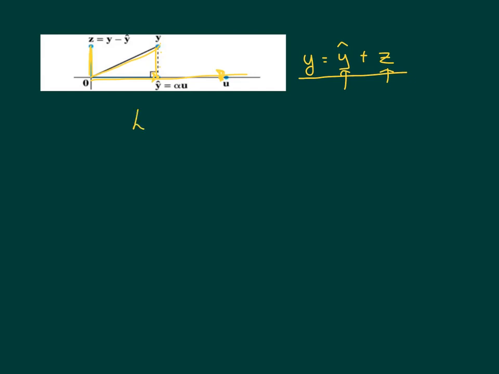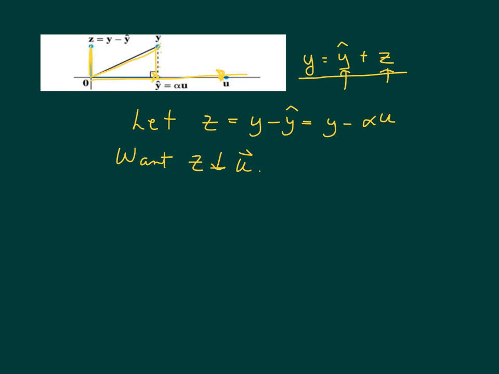So what we're going to do is let z, just directly from this equation, equal y minus y hat, and I can think of that as y minus some constant times u, because remember, y hat is a multiple of u, and we want z to be orthogonal to our u.